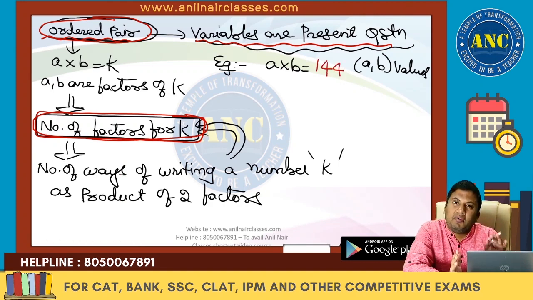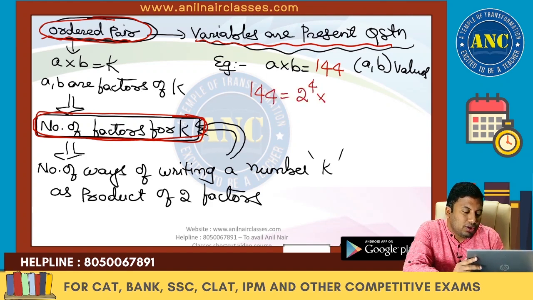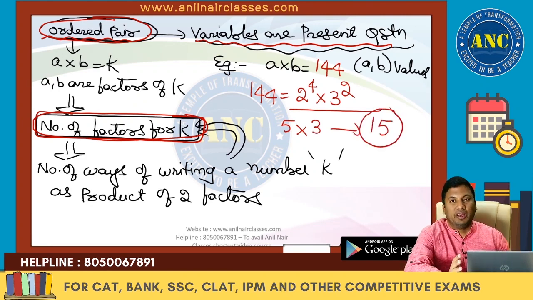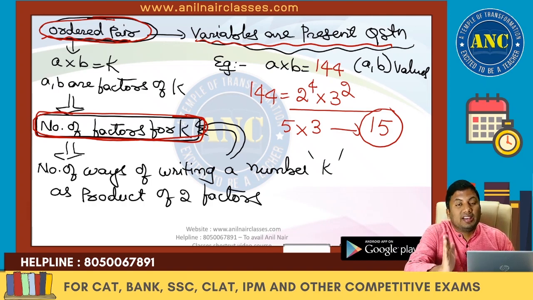In ordered pair, whether it is a perfect square or a non-perfect square, the answer is still always the number of factors for K. 144 is 2 power 4 into 3 square. Totally how many factors will I get? 0 to 4, 5 cases; 0 to 2, 3 cases. The answer is 5 into 3, 15. I hope ordered pair is clear to you.